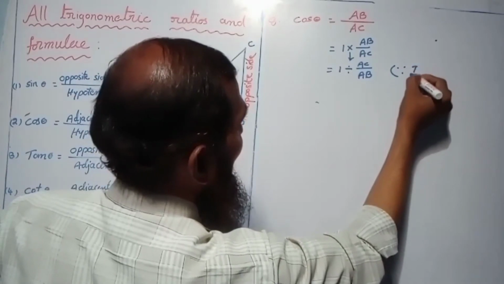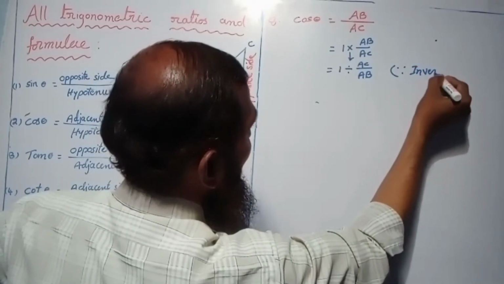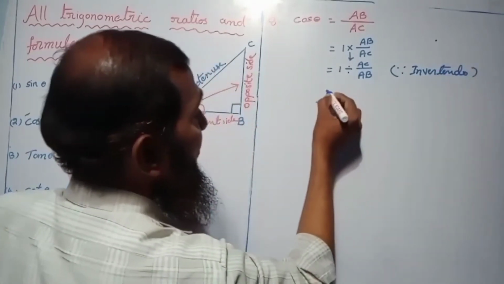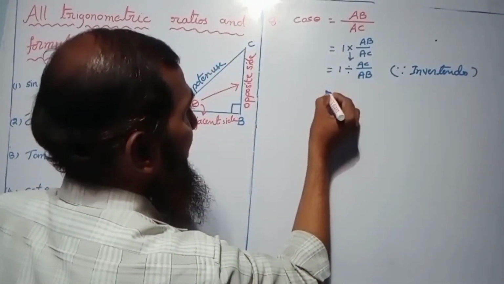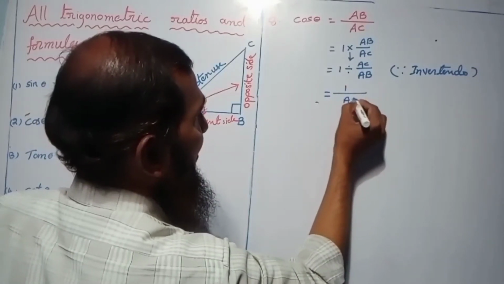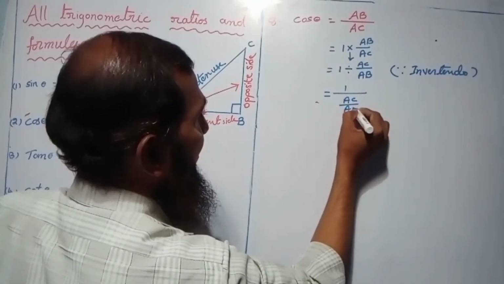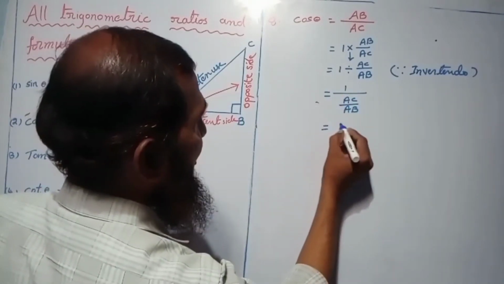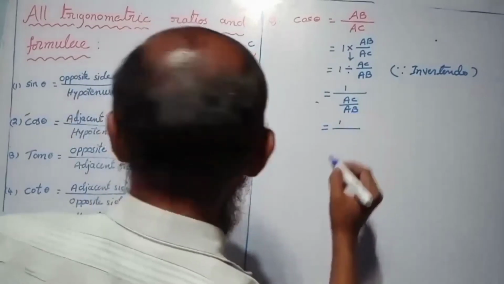It means it is one of the properties, invertendo. And then 1 upon AC by AB. So 1 upon AC by AB is equal to 1 upon, what do you call AC by AB?